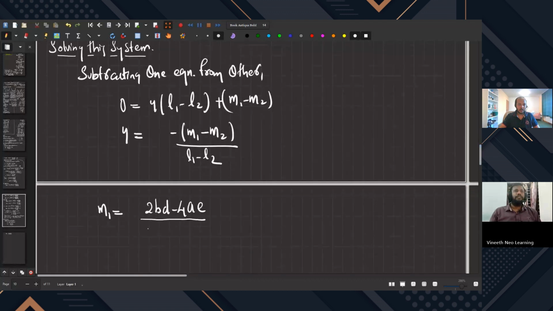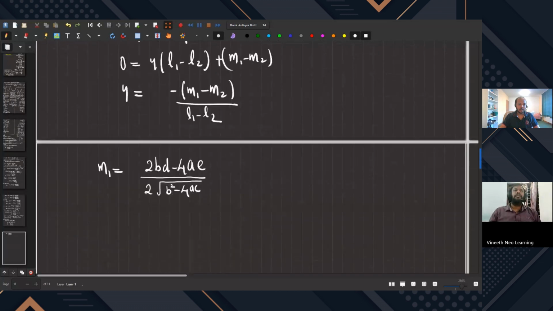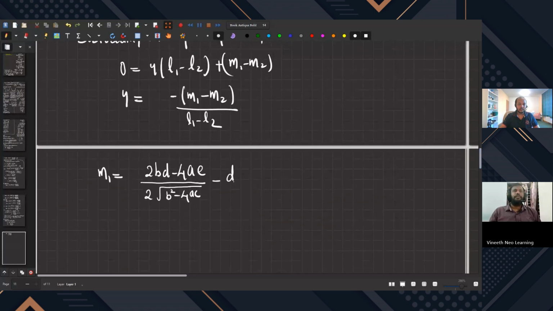L1 minus L2 times y should be equal to negative of M2 plus M1.